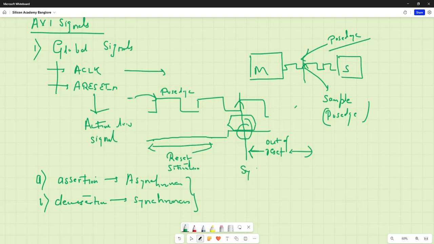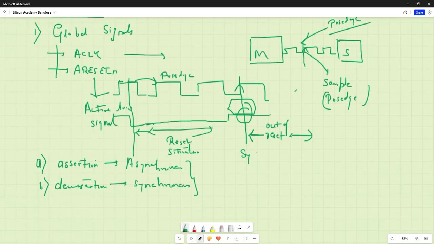For example, if I extend this clock and suppose this is the point where the reset goes low, the system directly comes into reset immediately after this point. I hope the meaning of this is very clear.